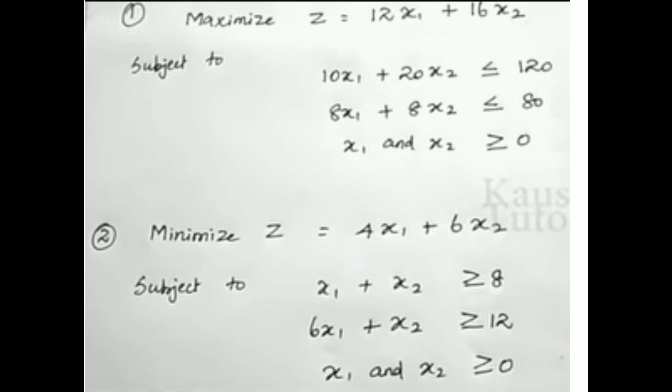using the graphical method. In this video lecture, I will be telling you how to solve the second problem, that is minimization of objective function subjected to two constraint equations using graphical method.